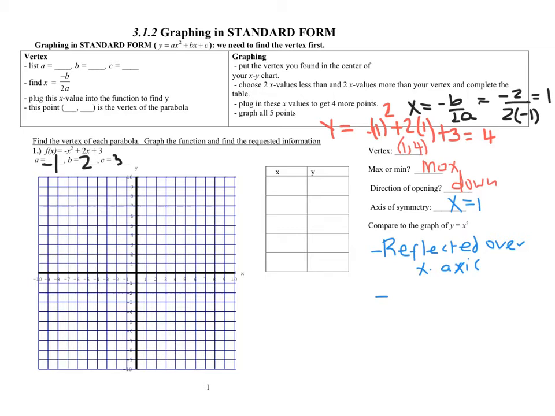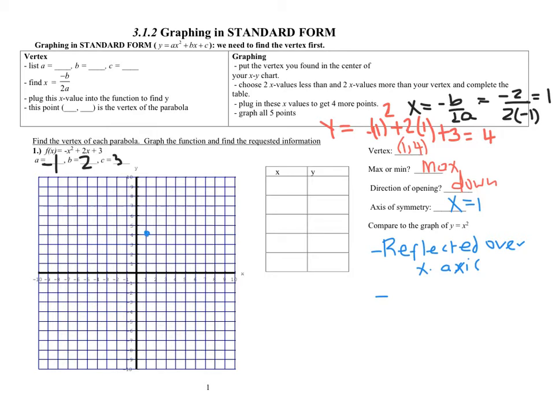So now I need to generate some points. I already know the vertex, so I can start by graphing the vertex, which is (1, 4). So this is the vertex, 1, 2, 3, 4. That's the vertex right there. And I know it's going to open down.